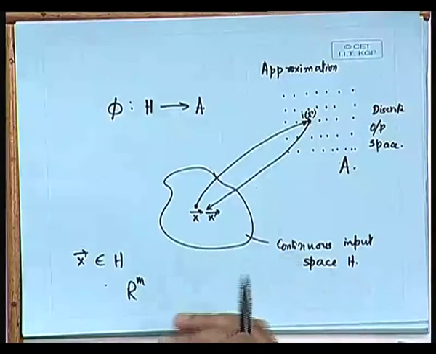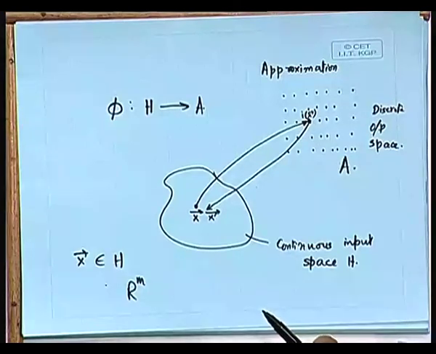I may have, let us say, a 25 dimensional input vector, supposing the m that we choose is 25, but I may be mapping it to a 10 by 10 space. Essentially, from a large space I am going over to a small space, and I will be able to do data reduction or data compression in this process.